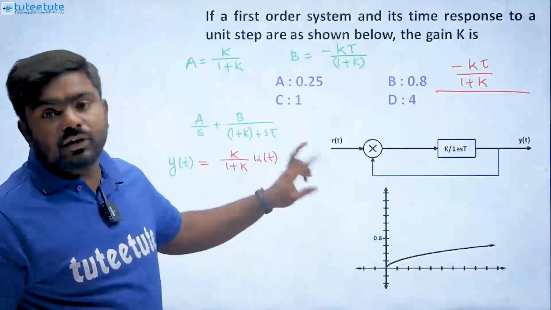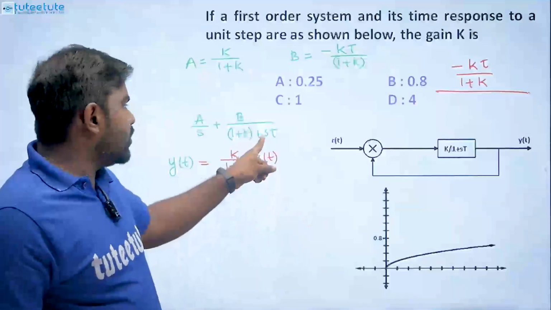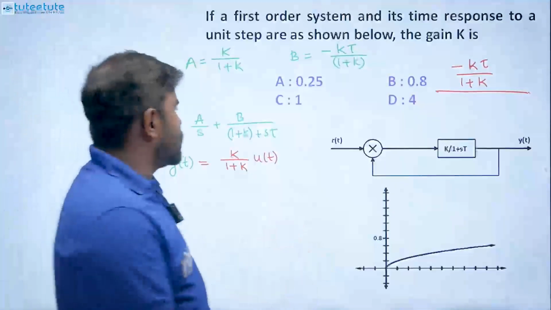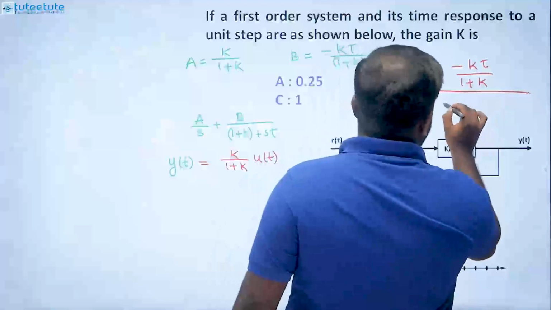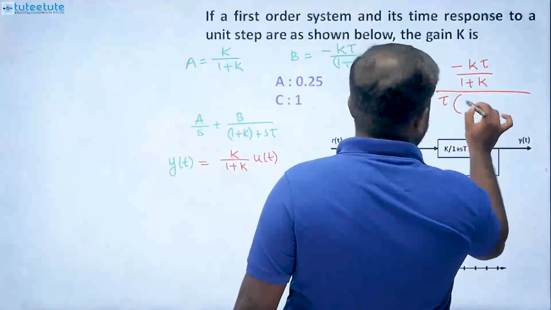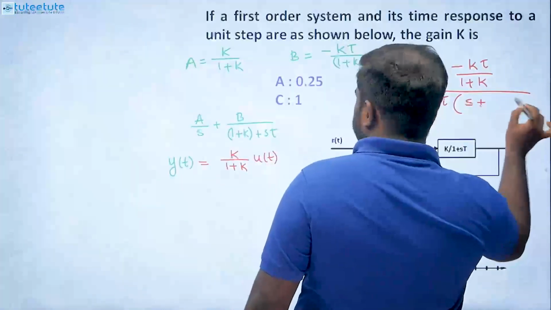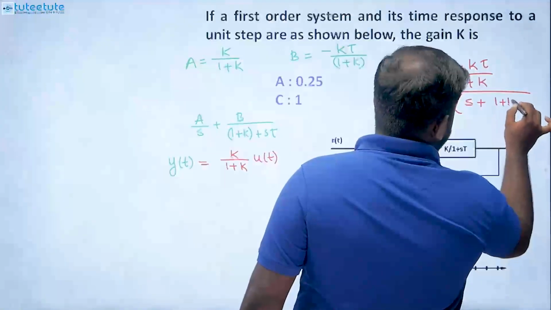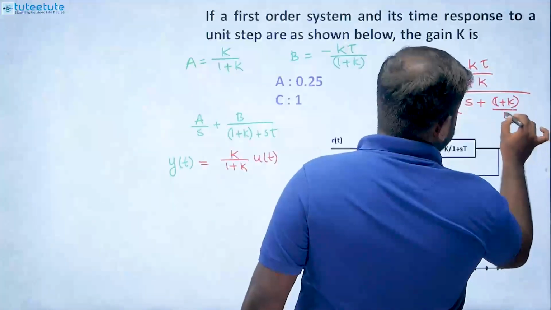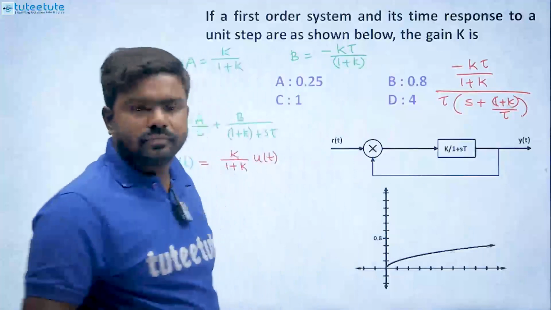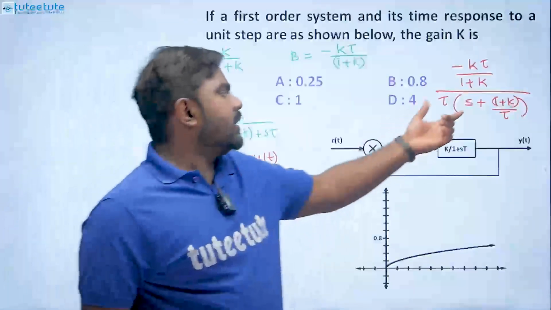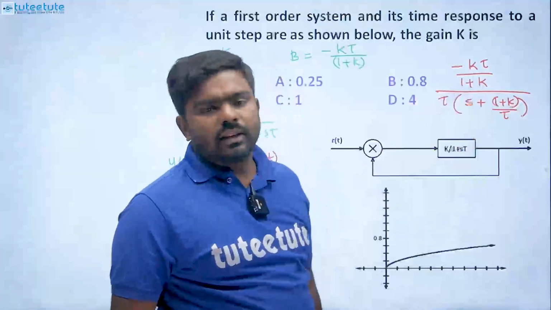You have to take the tau outside, then only you will get the s plus format. So if you take tau outside, you will get s over here, then here you will get 1 plus k divided by tau. Then only you can write in terms of the parameter.